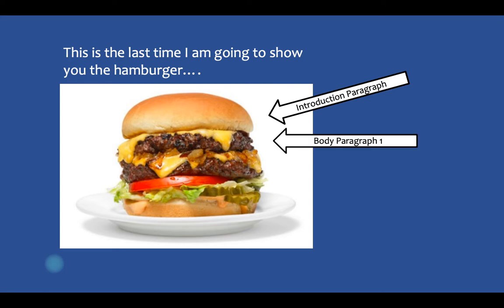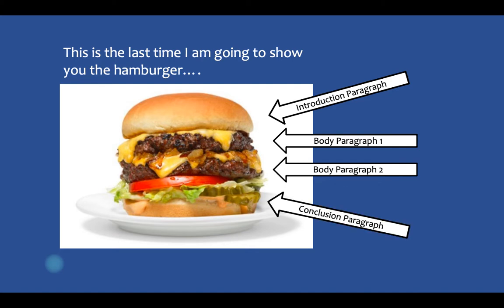We have the body paragraph 1 and 2, which are the meat of the hamburger or the meat of our essay. And we have our conclusion paragraph. This is the bottom bun of the hamburger. The introduction and the conclusion hold the whole thing together. So today we're going to focus on this conclusion, this last part.